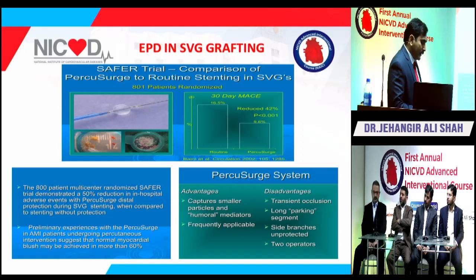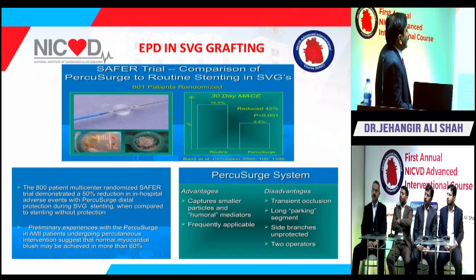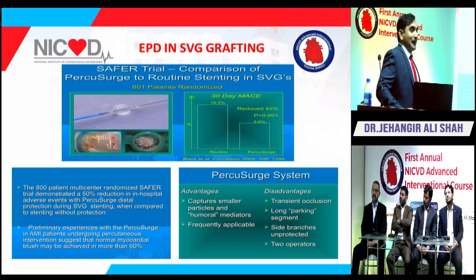Later, as Mahesh discussed, it was underused, and it came to a class 2 indication, even in the American and European societies. They saw initially, when they compared routine SVG PCI with the PercuSurge device, a distal protection device, the 30-day MACE rate decreased by 42% using this embolic protection device. After this trial, the embolic protection device was a class 1 indication.